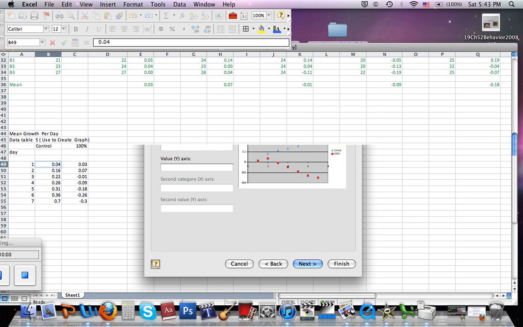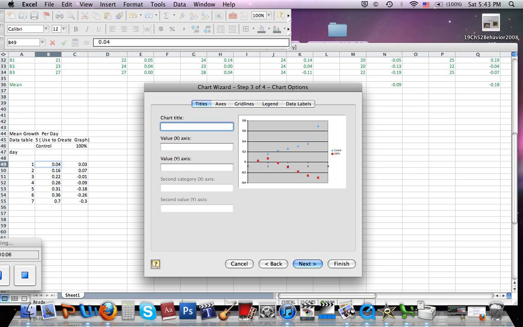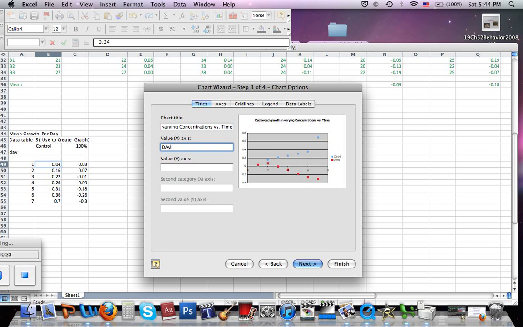And here you can see chart title. We can say duckweed growth in varying concentrations versus time, if we wanted to do that. Okay, your x-axis will be days.